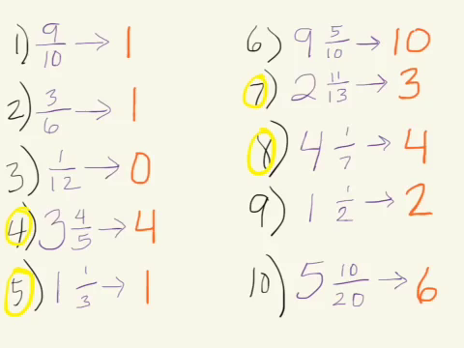Number 7 is tricky because our denominator is odd. 13ths. Ew. Okay, well, what would be the halfway point for 13ths? Well, 6 plus 6 is 12. 7 plus 7 is 14. And 13 is right in the middle of 12 and 14.